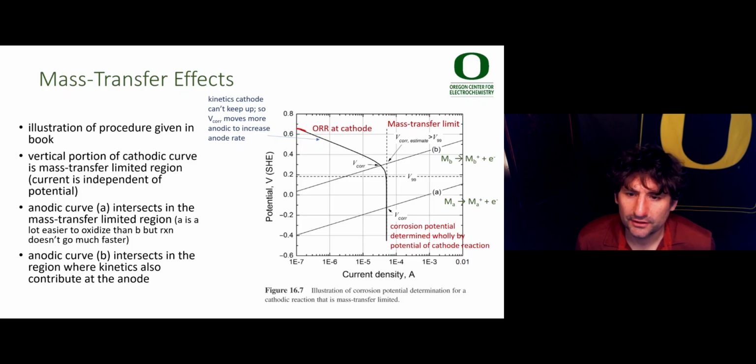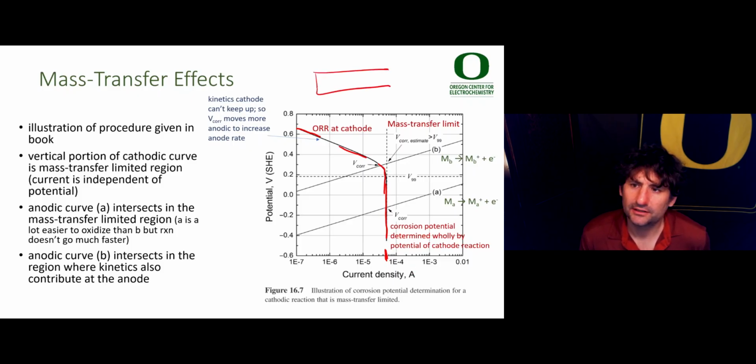This first curve here is depicting the polarization curve for oxygen reduction at the cathode. And what you see is you reach a limiting current at a little bit less than 5 times 10 to the negative 5 amps. Let's think about what's going on here. You have O2, and there's electrons getting pulled out of the metal to reduce the oxygen.